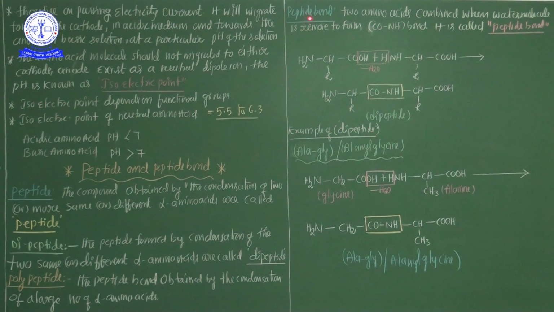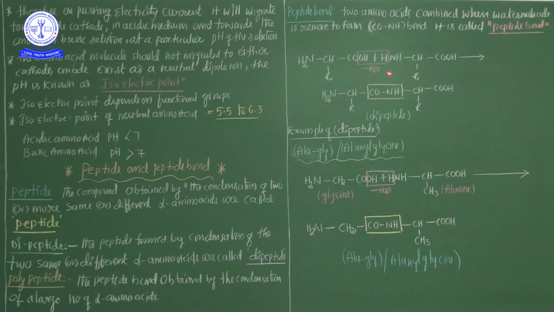Now the peptide bond, which is very important. When two amino acids combine and a water molecule is removed, a CONH bond is formed, and that is called a peptide bond.